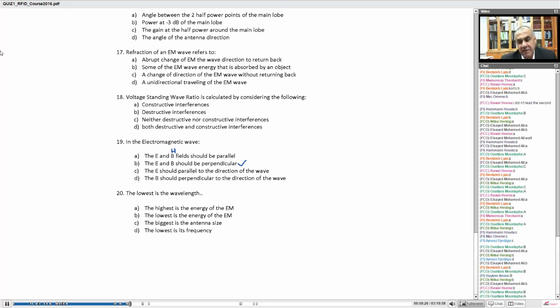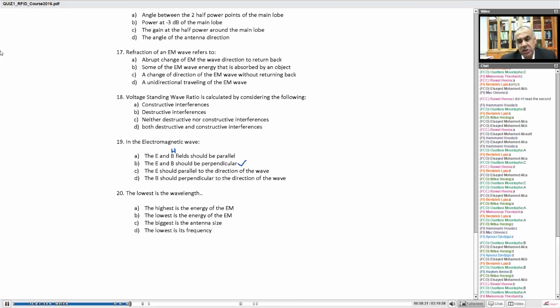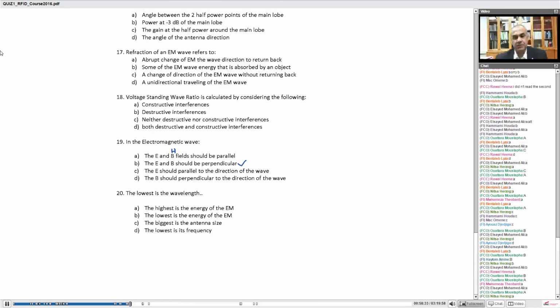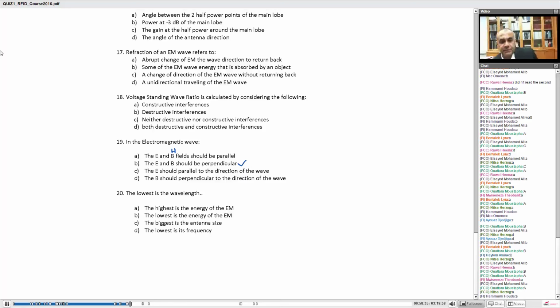The lowest is the wavelength, the highest is the energy of the EM. The lowest is the energy of the EM. The biggest is the antenna size. The lowest is its frequency. So for 20, which is the correct answer? Yes, good. A. Remember the microwave.